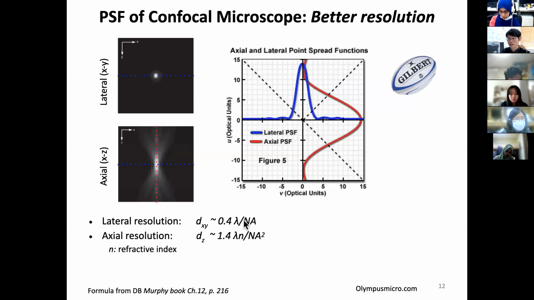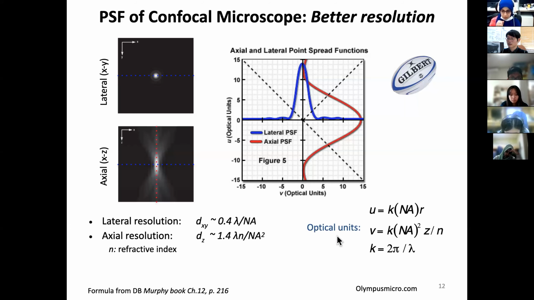Still a pretty expensive apparatus, but that's what it is. And what's more, confocal provides axial resolution. That is the key aspect. You can see the formula is a little different, 1.4, here comes a refractive index, and usually in the axial direction it is not only NA, but NA squared. So that's something you guys have to see.